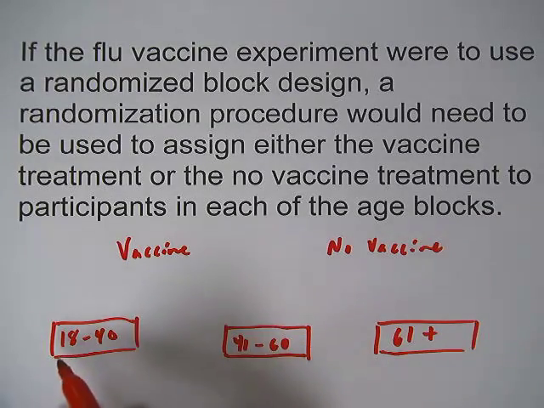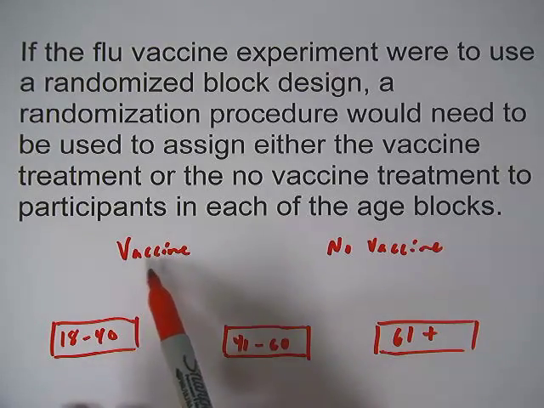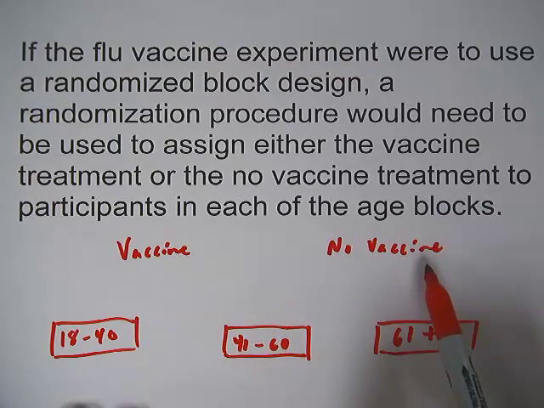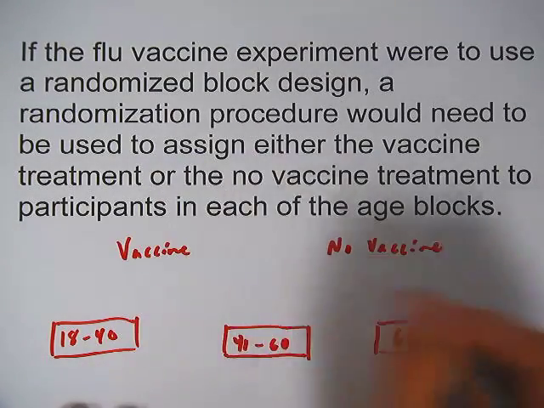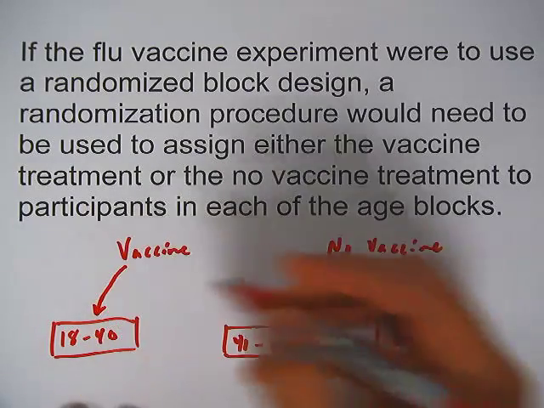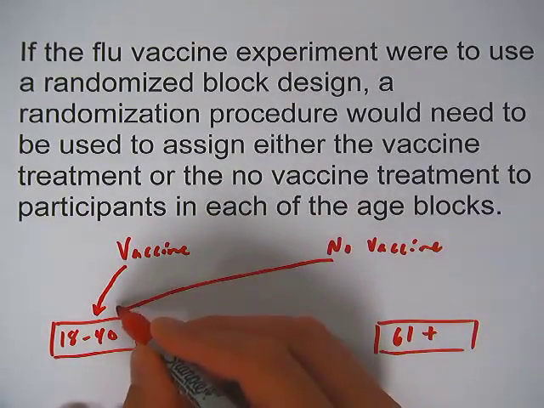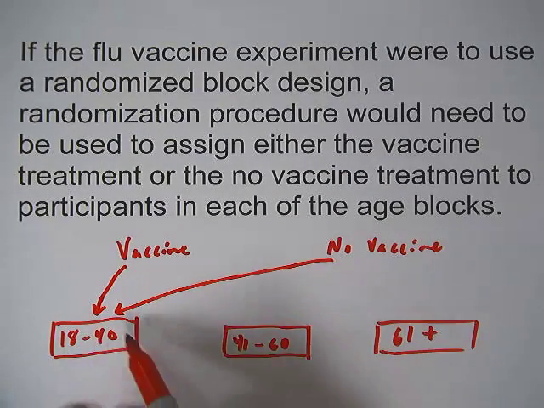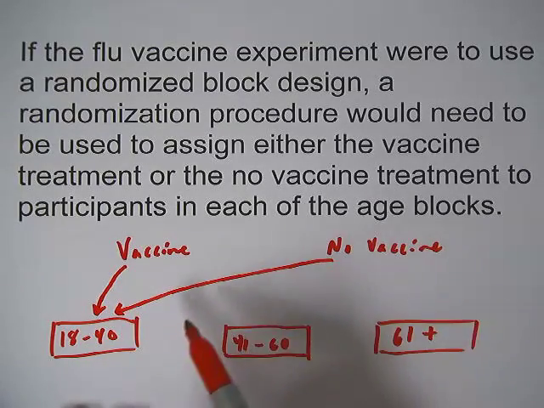So one way to do this is that you could take one of the participants in this block, so one of the 18 to 40-year-olds, and just ask them to flip a coin. So if they get heads, they would receive the flu vaccine. If they got tails, they would not receive the flu vaccine. So basically we're going to be assigning both the vaccine and the no vaccine treatment to people within this block. So by randomization, we're going to get some people with the vaccine, some people without the vaccine.